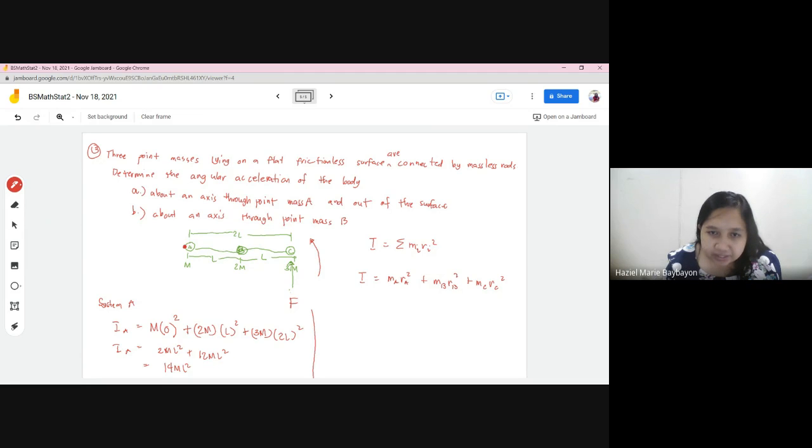Okay, and then for system B, the same goes for our inertia since we again have three point masses.